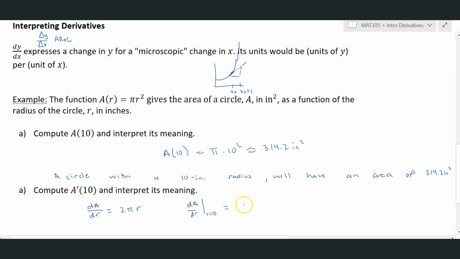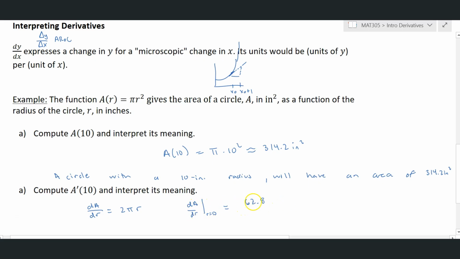So we'll have 2 times pi times 10, which should give us around 62.8. So this comes out to 62.8. But 62.8 what? Well, keep in mind that this is a rate of change, right?